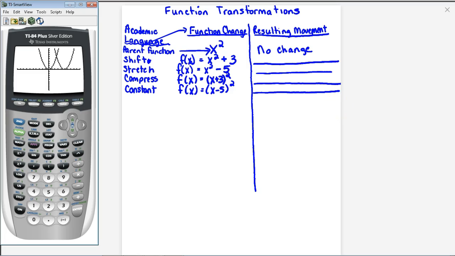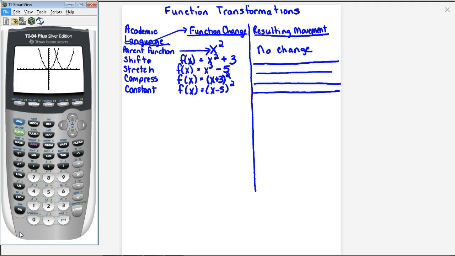So we know how to move a function up and down. We know how to move it side to side. Let's talk about reflecting it over the x-axis. Reflecting it over the x-axis means we're going to turn it upside down, okay?